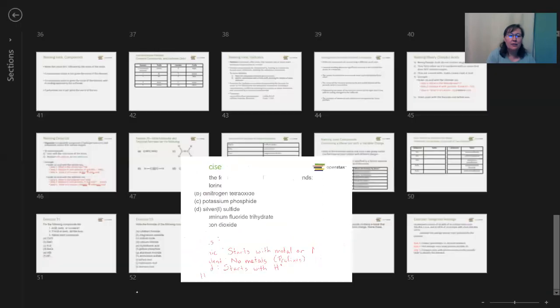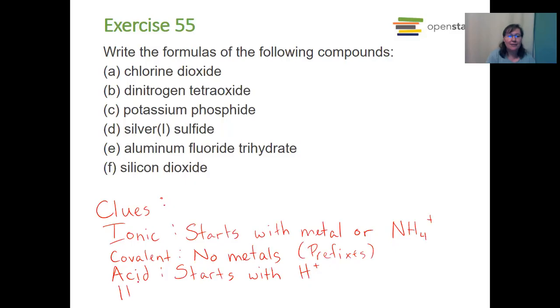And lastly, to remember, if it is a hydrate, it ends with H2O. So it's an ionic compound plus water.